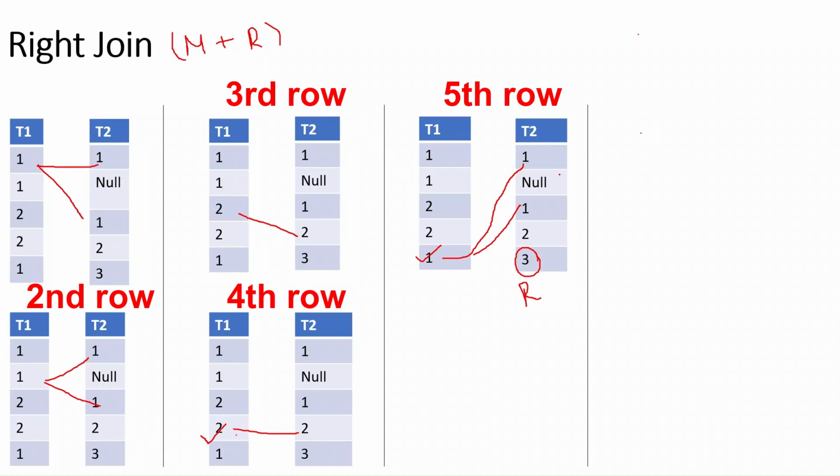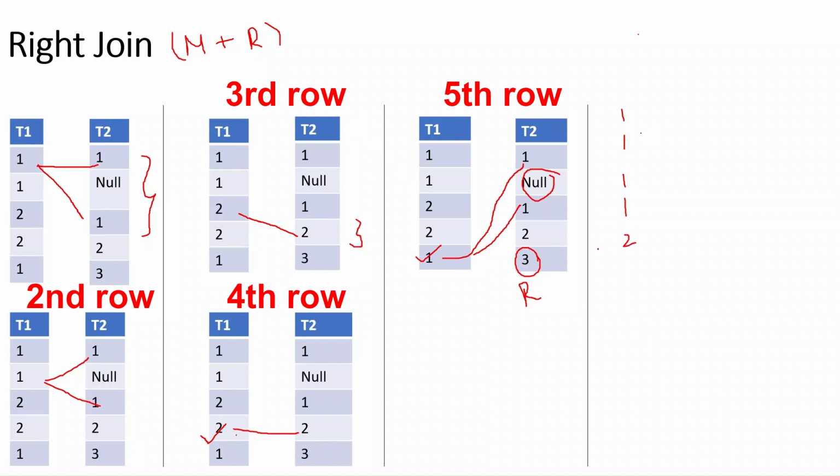We know what a right join means: it gets the matched records from both the tables and gets the unmatched records from the right side table, that is, the remaining data present in the right side. Now see here, in the first row we get 1 and 1, and in the second row 1 and 1.